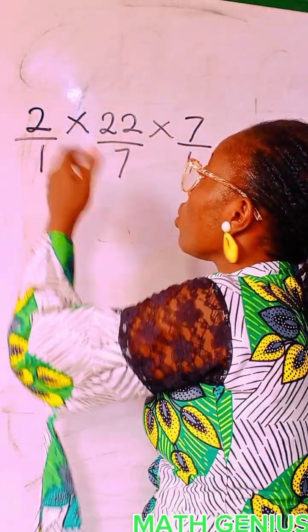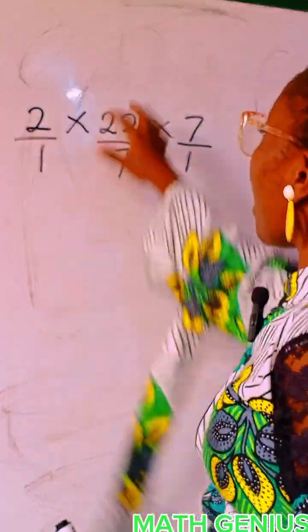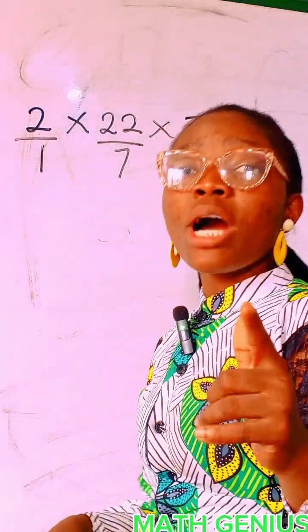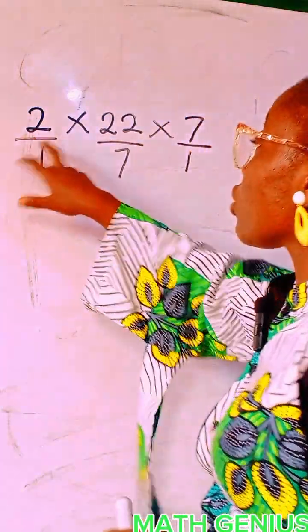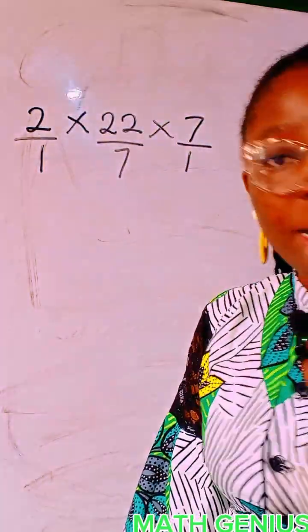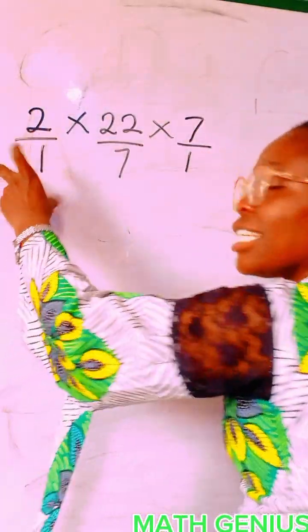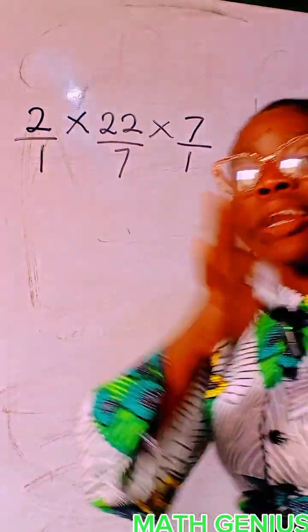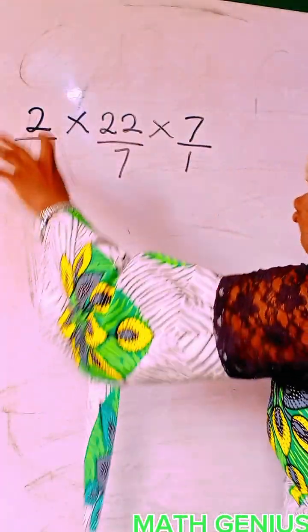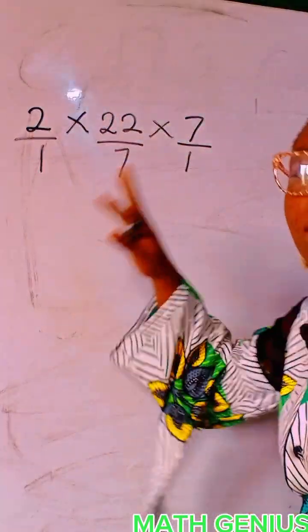So we have 2 over 1, 22 over 7, and 7 over 1. Like I said, you put 1 as the denominator because any number divided by 1 is the same number. This will help you not to leave any number aside when you are cancelling or when you are multiplying the numerators. It will help you to know which is numerator and which is denominator.